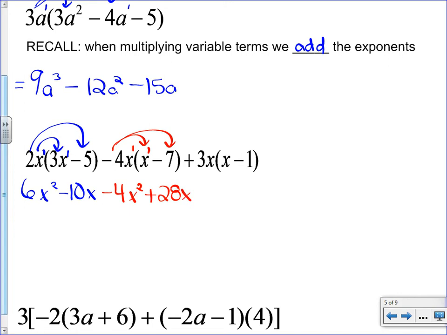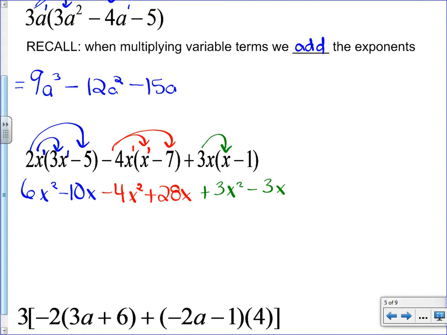Yulia, what will I get for the next one? Minus 3x. Very good. So a lot of times students forget to attach the x and forget to look at signs. So that's okay. I'm glad that those mistakes came up because they're very common mistakes.